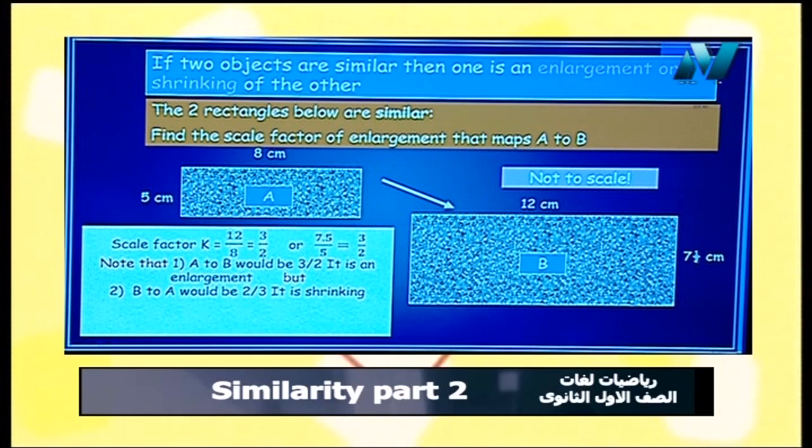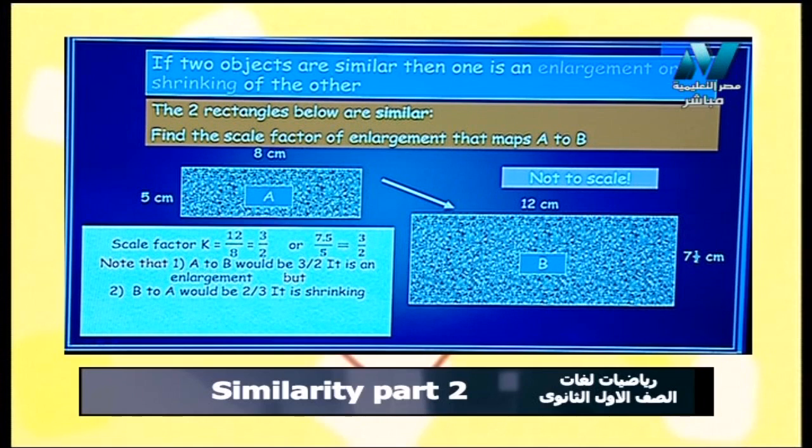So 12 over 8 equals 3 over 2, and 7.5 over 5 equals 3 over 2 also. So 3 over 2 here equals 3 over 2 here, the same ratio.